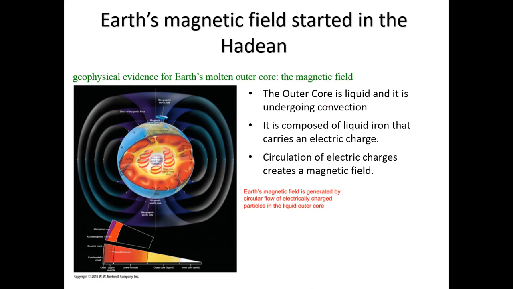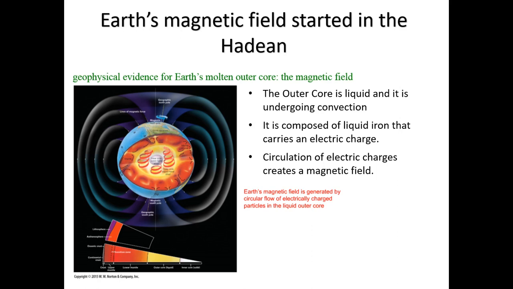So the outer core is liquid. Remember that we didn't even have an inner core at that point. Probably it was all liquid iron at that point. The core was totally liquid iron, and that liquid iron was sloshing around. It was circulating with the rotating Earth at that time. Earth was definitely rotating, and the core is composed of that liquid iron, circulating.